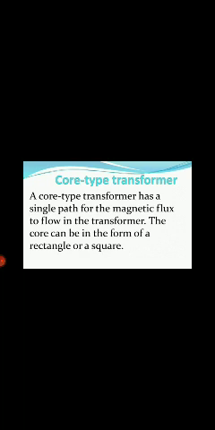The core material is silicon steel, used for reducing hysteresis losses, and the core is laminated for reducing eddy current losses. There are two types of losses in a transformer, iron losses and copper losses. Iron losses are further divided into two types, hysteresis losses and eddy current losses.